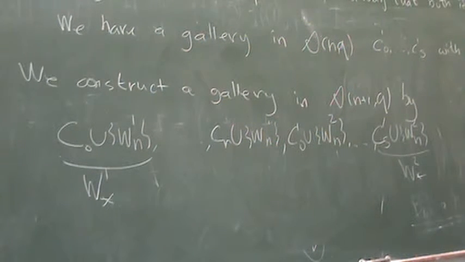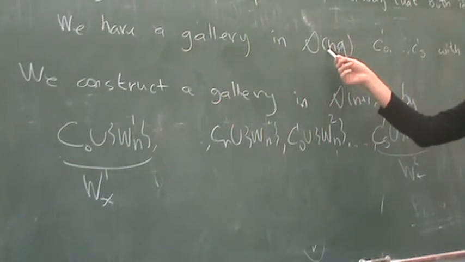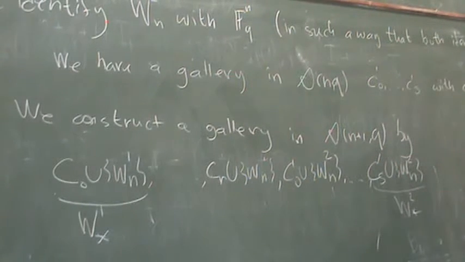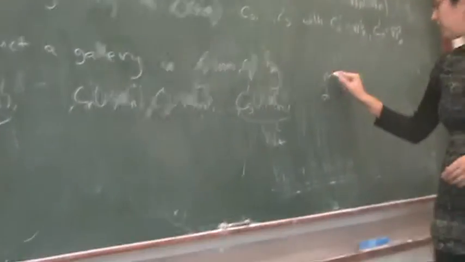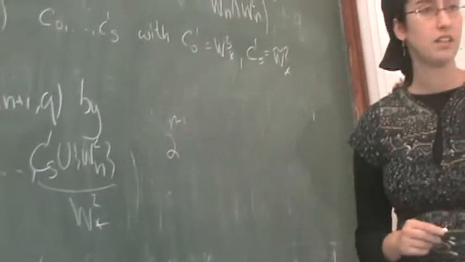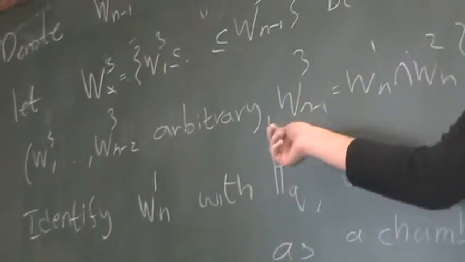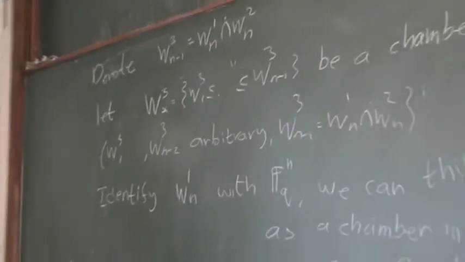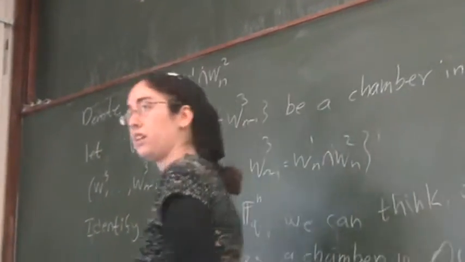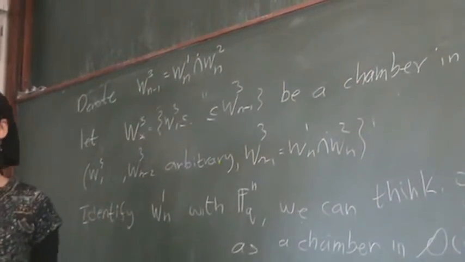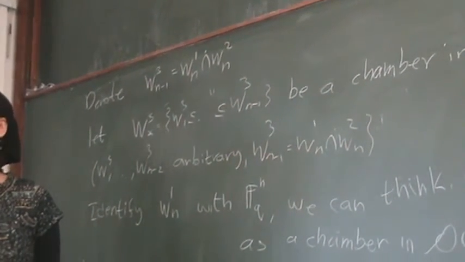With this, we see that if the maximum length of a gallery here is some k, then here it will be 2k, so we get 2k minus 1. But we can do much better than that. Instead of taking W3 to be any arbitrary chamber, we can take a chamber that is as close as we can to W1, and then it will be much shorter.